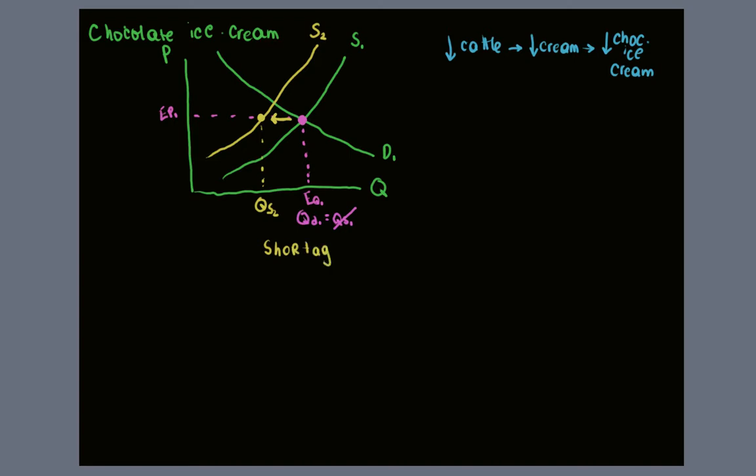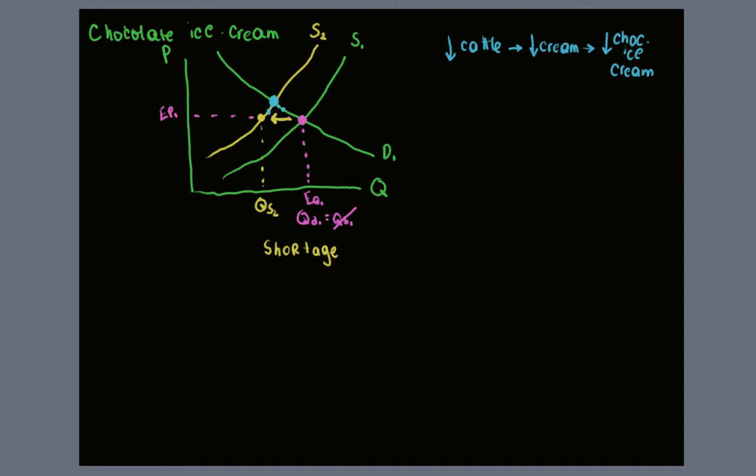And what will happen is a kind of bidding up. You can think of that auctioneer in the video that I showed you. There will be a bidding up of the price until we arrive at a new equilibrium, which is this blue dot here. That is now the new place where demand equals supply.